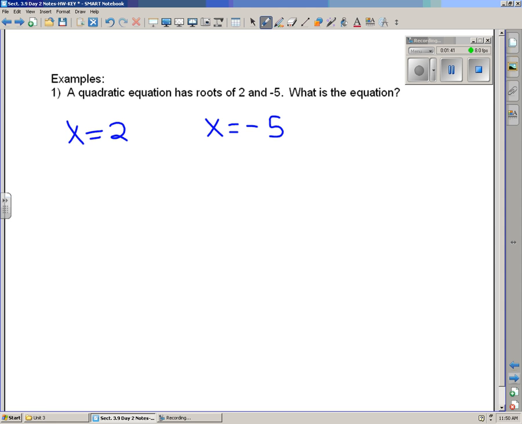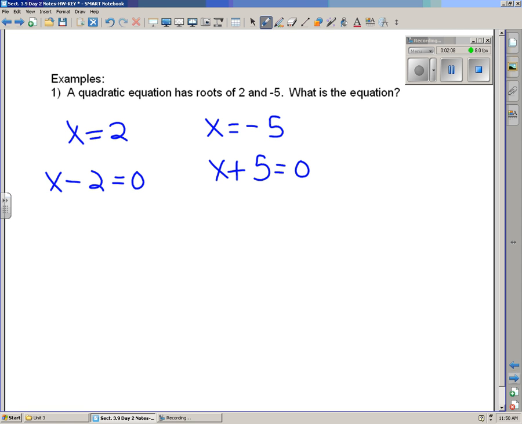Well, if x equals 2, then x minus 2 must be equal to 0, because by adding 2 on both sides, I'd get the answer of 2. If x equals negative 5, then the equation that was solved must have been x plus 5 equal to 0, because if I subtract 5 from both sides, I get x equals negative 5. Basically, the factor you use has the opposite sign of the root.